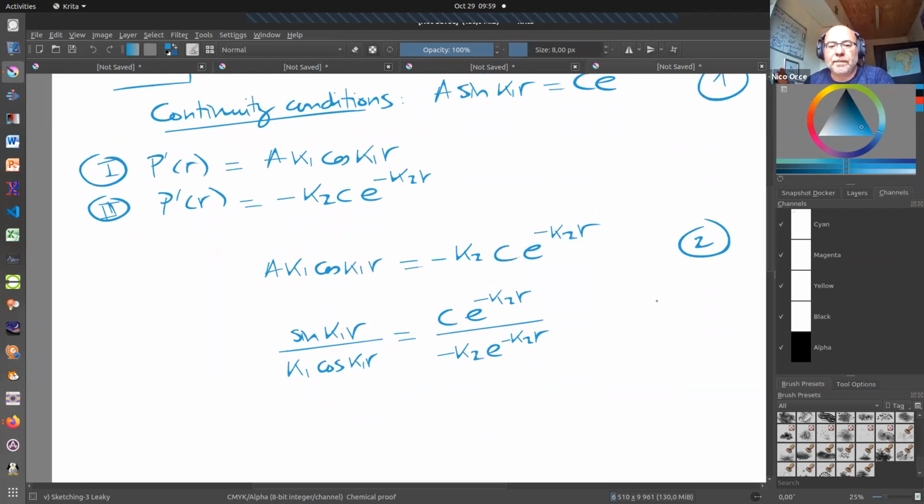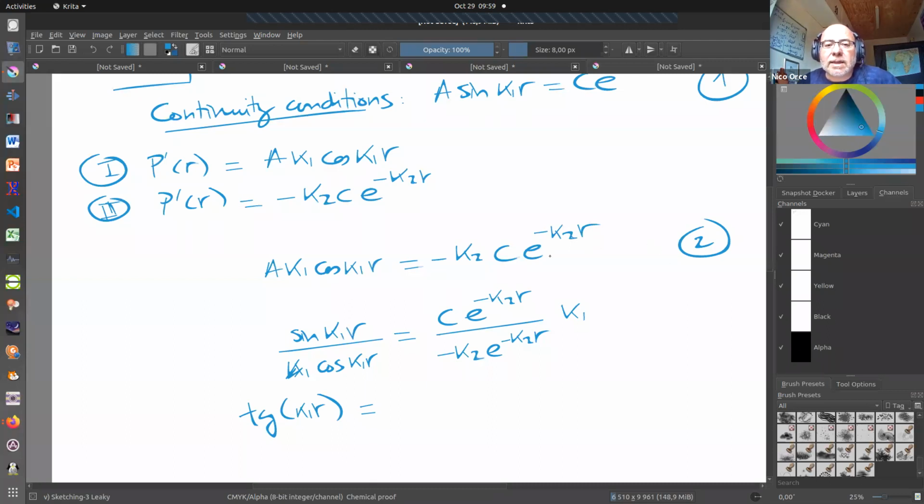So then this K1 goes up there. So we have that the tangent of K1R equals minus K1 over K2.